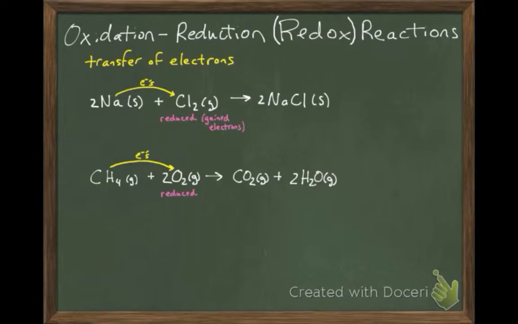On the other hand, the sodium, for instance, loses electrons and is called oxidized. In the bottom reaction, the methane, CH4, is giving up electrons to the oxygen, and by losing those electrons, we say that it is oxidized.